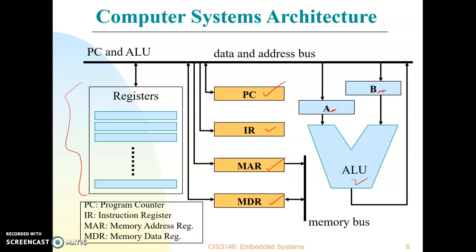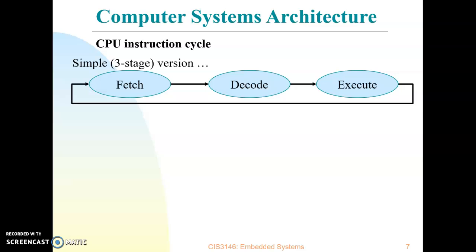In the next slide I have presented two different types of instruction cycles which are used by a computer system or by the CPU. So we call it the CPU instruction cycle. This is the first model, the 3-stage version. So fetching the instruction, then decoding the instruction and executing the instruction, and repeat this process again and again.